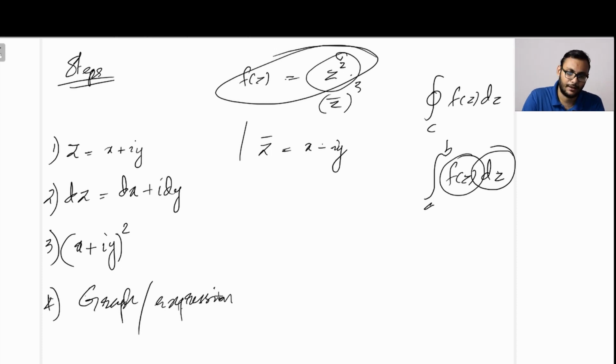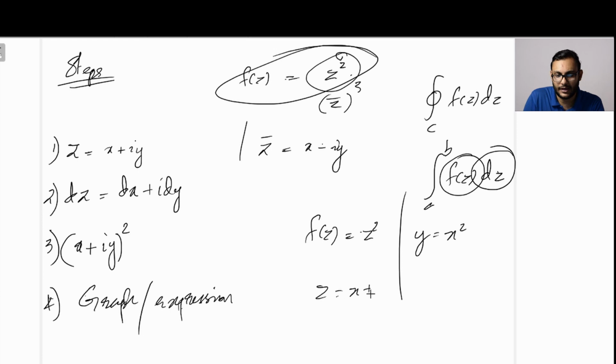For example, if it is given to evaluate f of z is equal to z square over the integral y is equal to x square, then in the first step, we have to put z is equal to x plus iy and dz is equal to dx plus I dy.